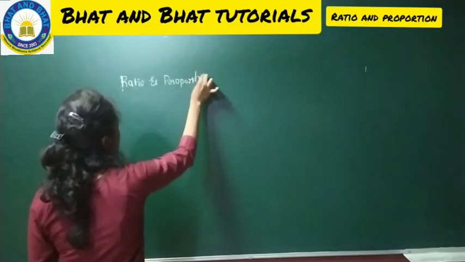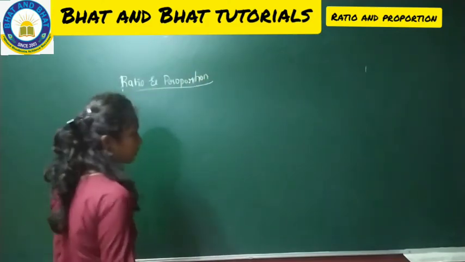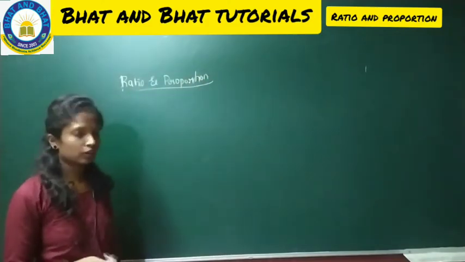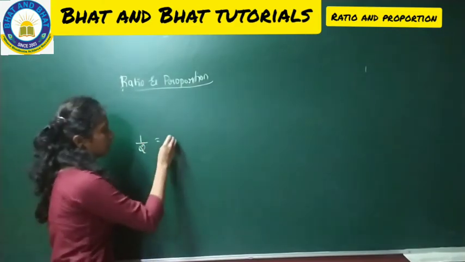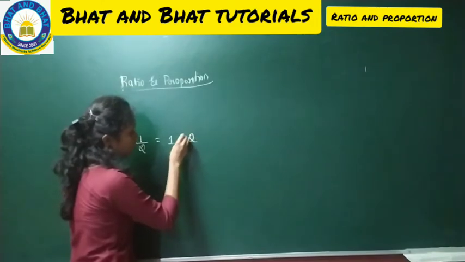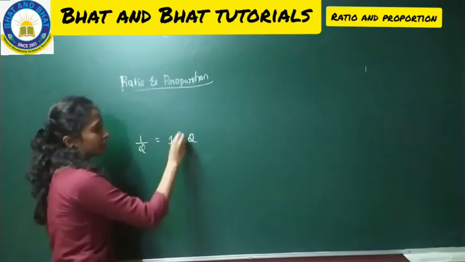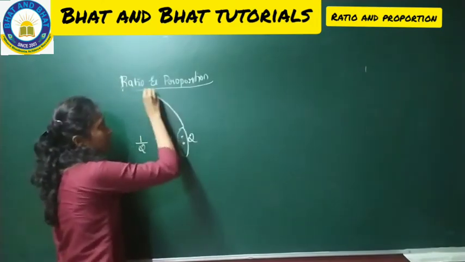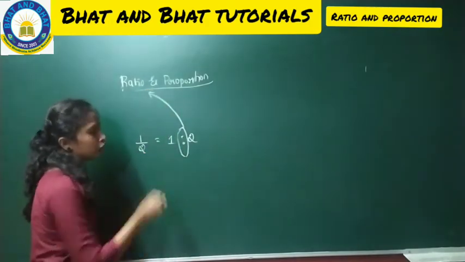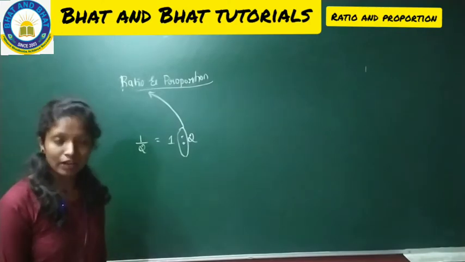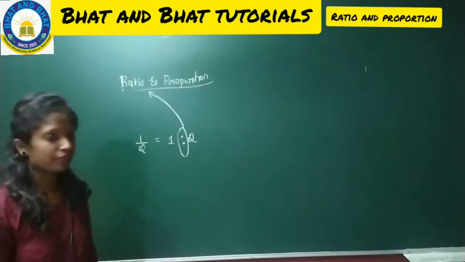So what is ratio and what is proportion? Say for example, I have 1/2 part. This 1/2 can also be written as 1:2. If you use this symbol, I am going to call this a ratio. A ratio can be written in the form of a fraction, and a fraction can also be written in the form of a ratio.